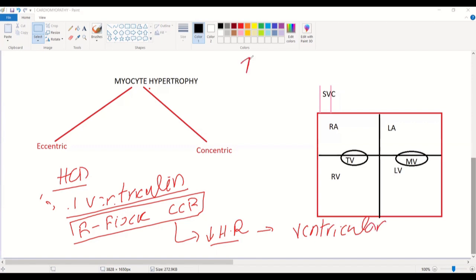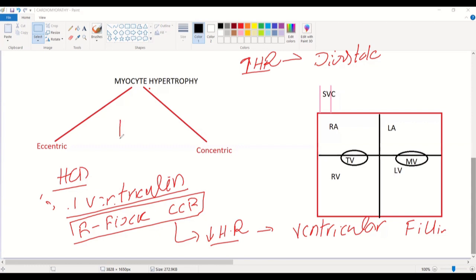If the heart rate is increased, diastole is shortened, right? Yes. So that's why we decrease the heart rate and improve the ventricular filling by giving drugs like beta blockers and calcium channel blockers. And we should avoid drugs that decrease the preload.